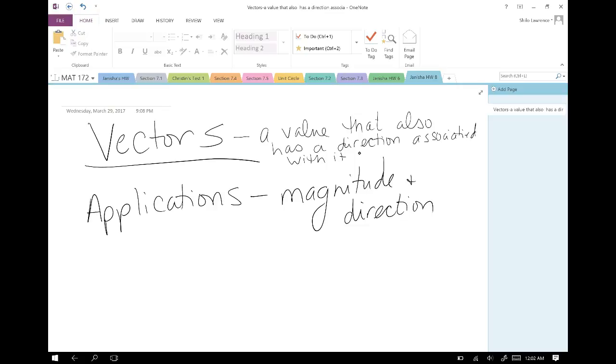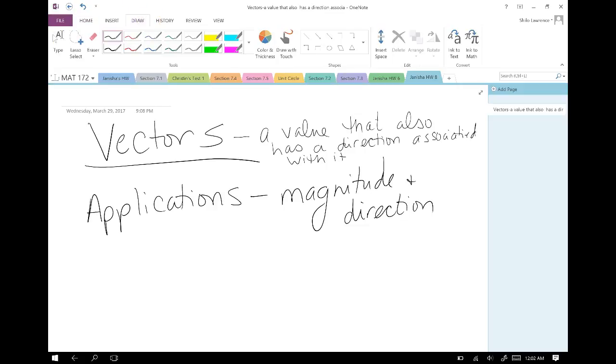In most application problems, they tell you the magnitude or the value and the direction. The problem with that, though, is we can't do calculations usually with a magnitude and a direction. What we need to do is change it to components in order to do calculations.